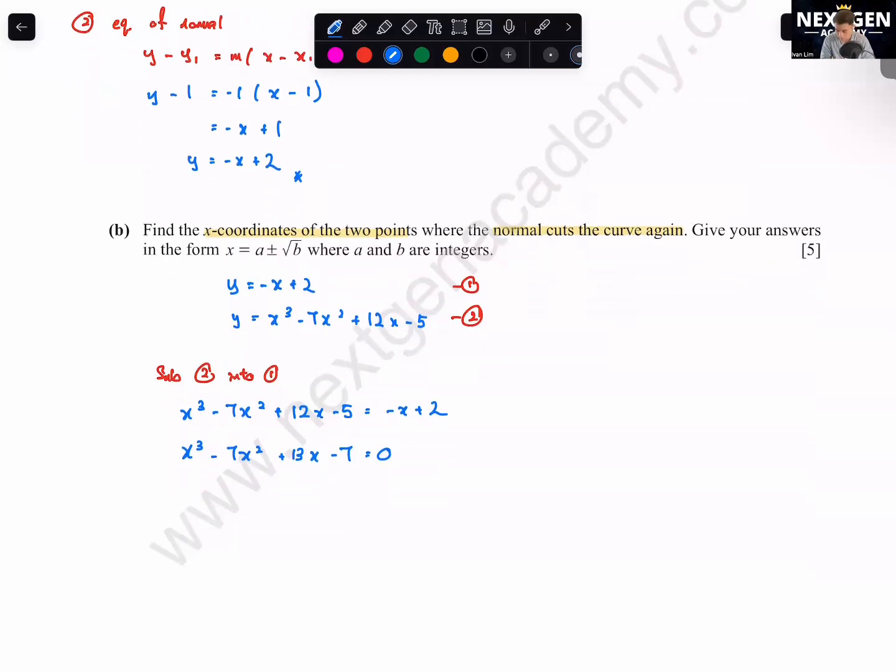What do we do over here? So this is a cubic equation we want to solve. Solving a cubic equation goes back to your chapter 4, chapter 5, factors and polynomials and solving of equations. So I want you all to remember every time you see a cubic equation and they ask you to solve it, meaning you want to find some sort of x, the step that you show is long division.